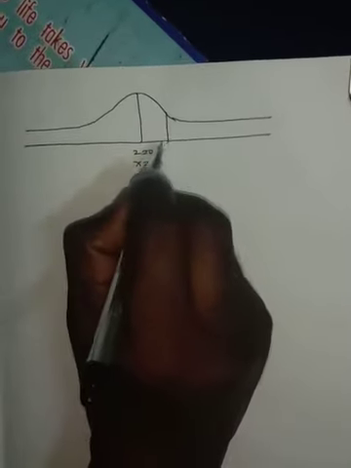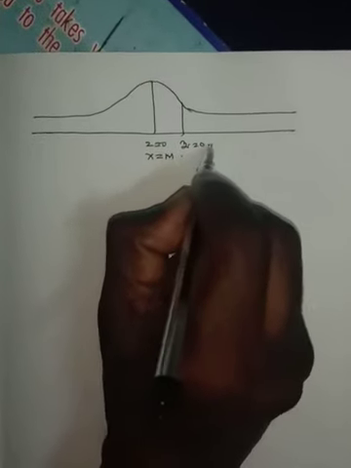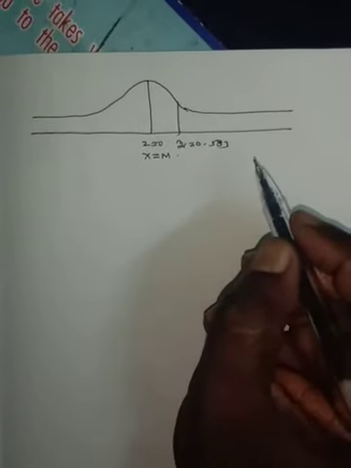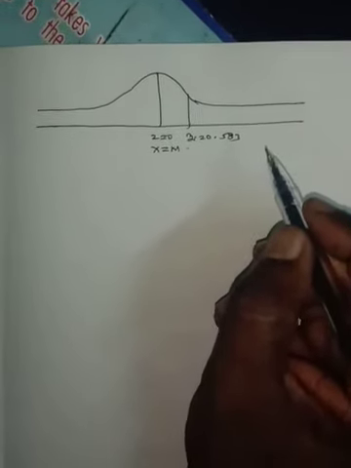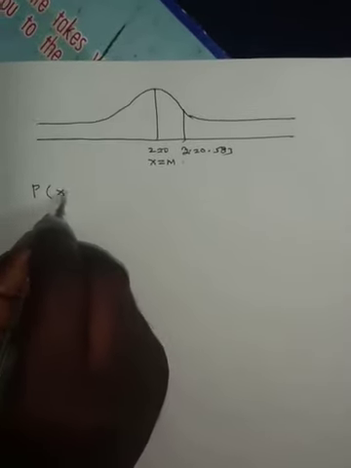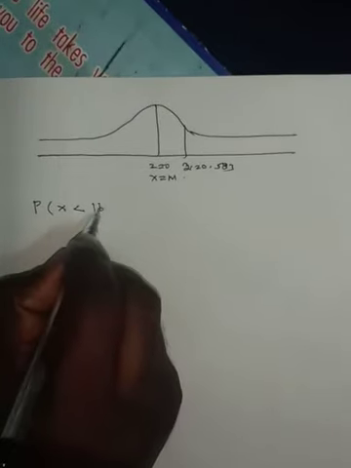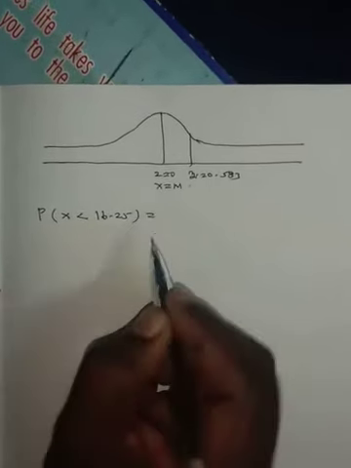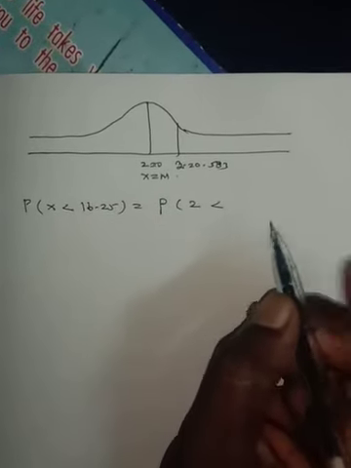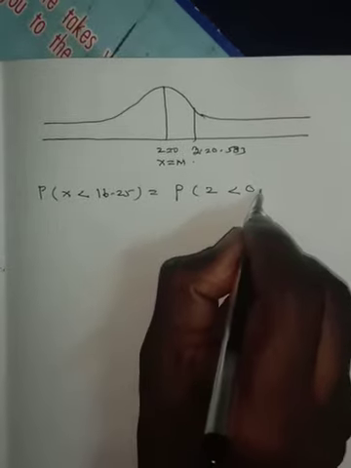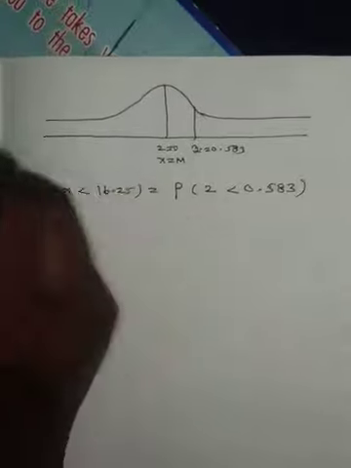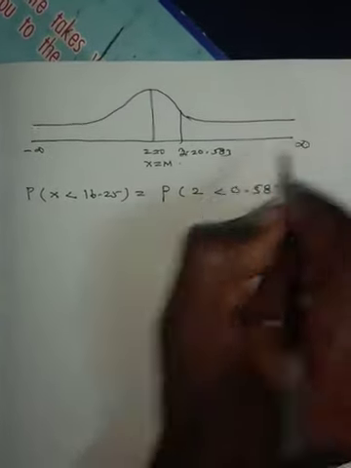Therefore z is equal to 0.583. The probability of x less than 16.35 in terms of z is the probability of z less than 0.583. Now less than means minus infinity up to this point.